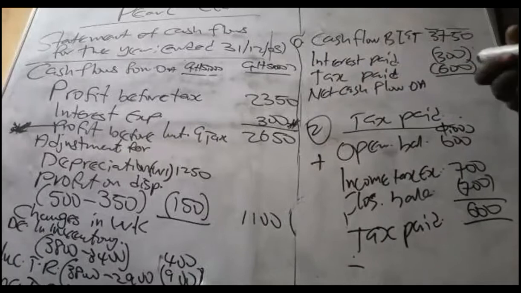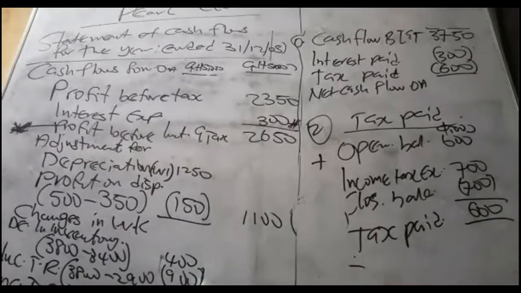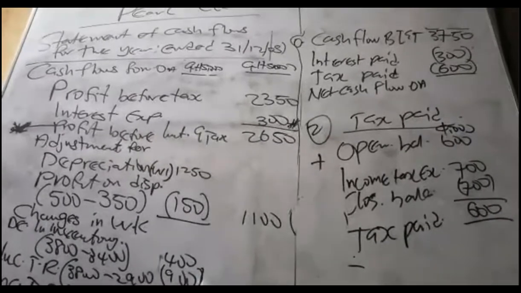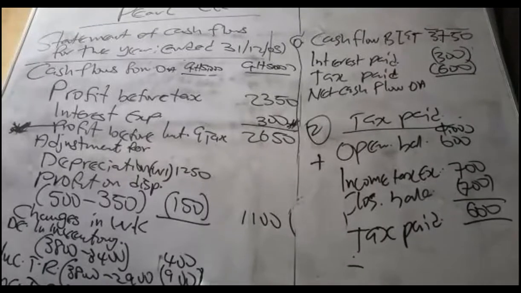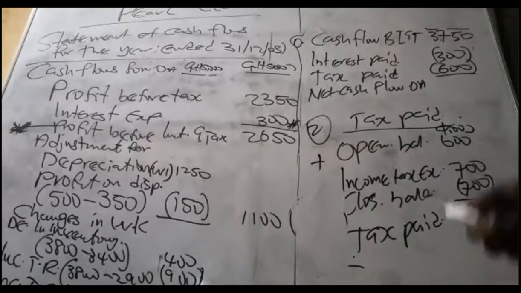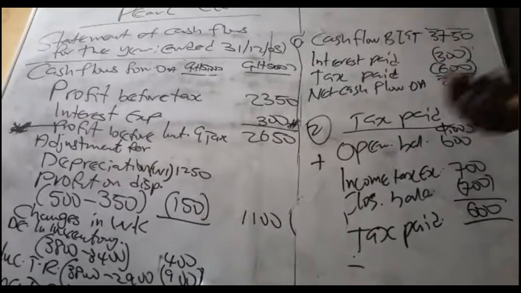Taking this 600 off will give us 2,850 aggregate. So 2,850. Then you move on.